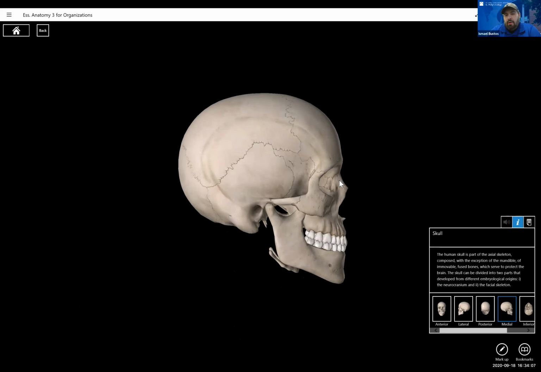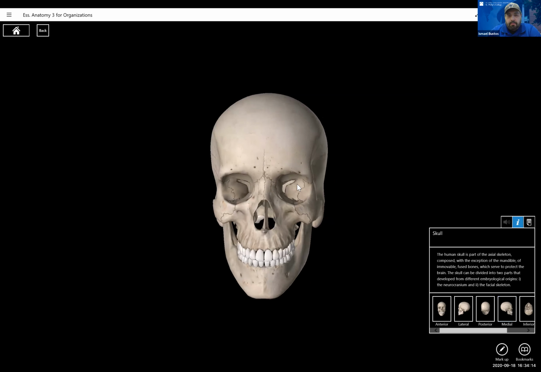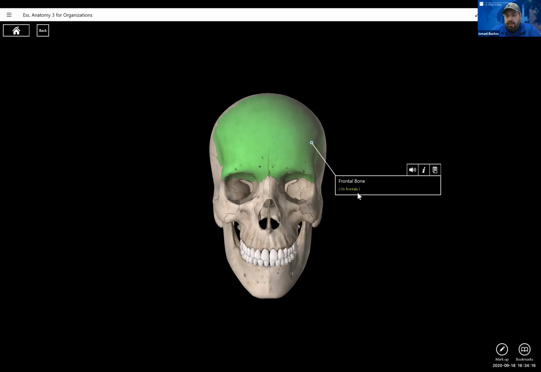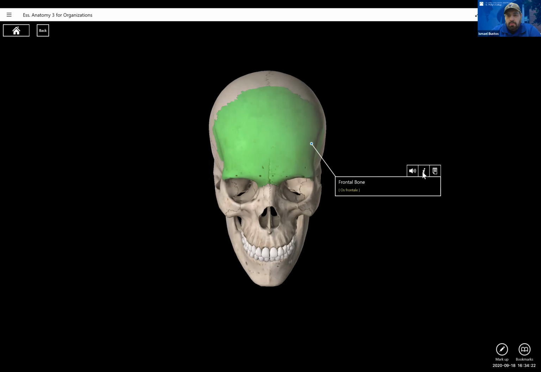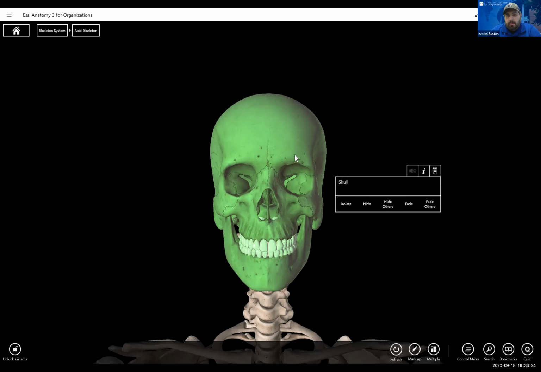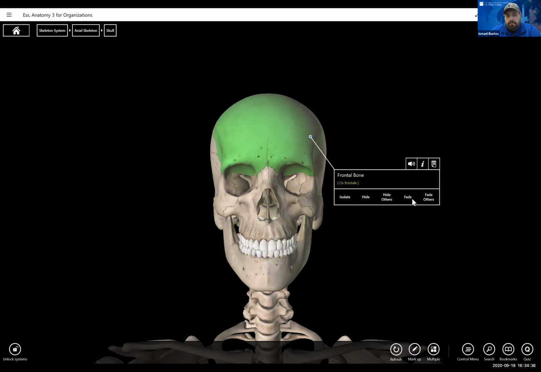So if the OML, right, and I don't know, it's not gonna flex down, but let me show you this way. Here we go. Let me fade away this frontal bone. It's not letting me do it. Okay, we have to go back. Bear with me. Move this out of the way. All right, now we can fade this bone.